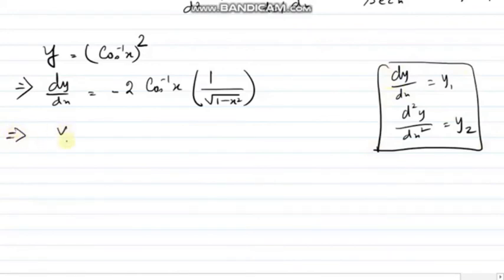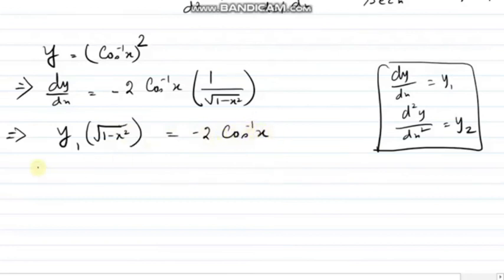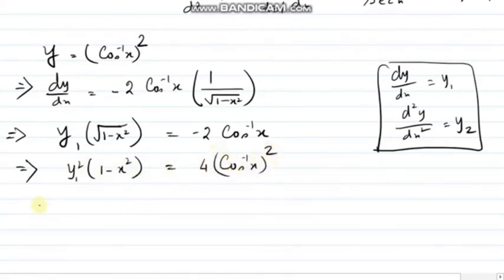So y1, as I said, I am going to cross multiply whenever I get a denominator. So y1 into this will be equal to minus 2 cos inverse x, right? That is a square root term, so I am going to square it, right? So y1 square into 1 minus x square is equal to 4 cos inverse x whole square.